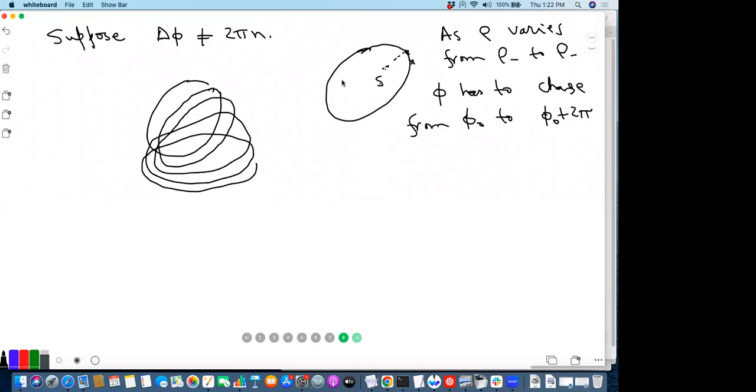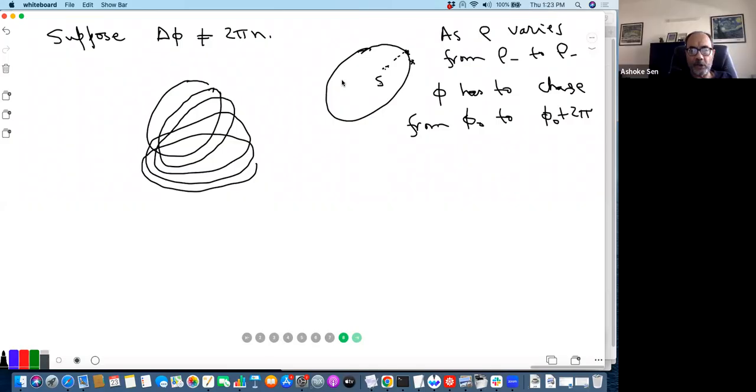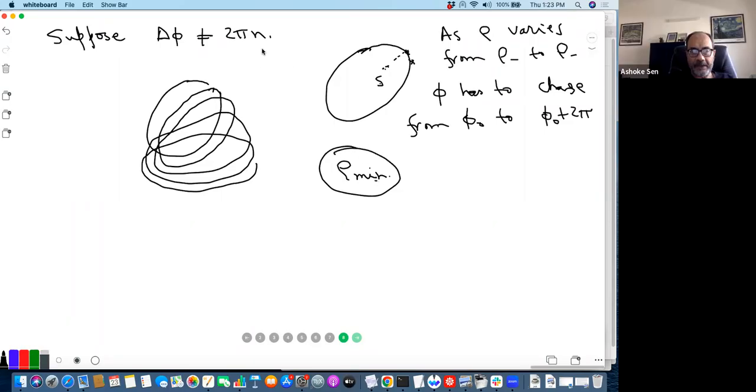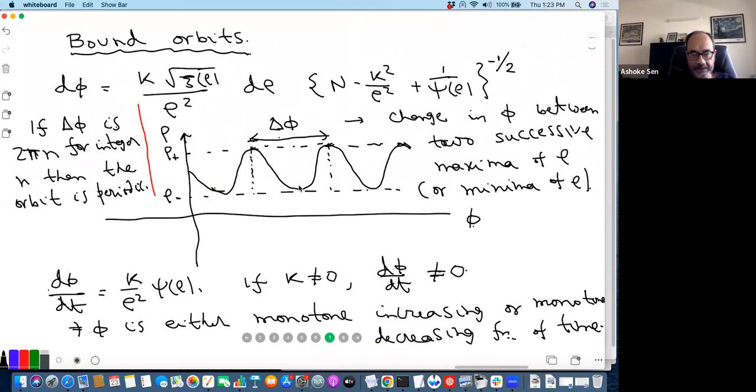In Newtonian physics, rho minimum is reached at just one point on the orbit. If it is not 2 pi n, then rho minimum will be reached at very different points in the orbit, as you can see from the previous picture. Rho minimum is here, and here rho becomes minimum again. But if these points don't have phi differing by 2 pi, then these are actually different points in space.